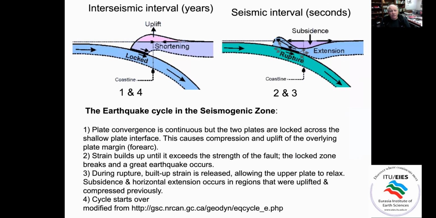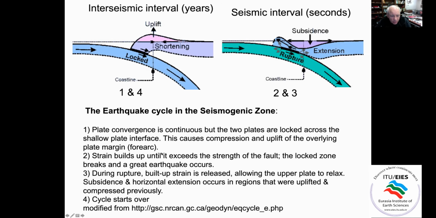And this is what happens. So you basically have locking between the downgoing plate and the overriding plate. And you have the earthquake cycle. The plates are locked, and so the strain of the continuously moving downgoing plate is transmitted to the locked upper plate, which responds by shortening and uplifting.